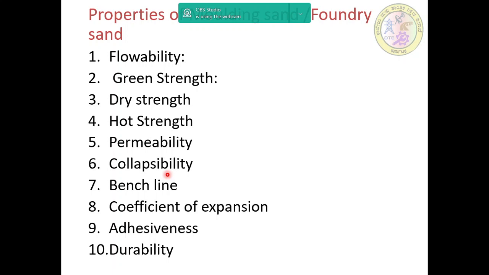If the mold or core sand does not collapse easily, it may obstruct, that is, restrict the contraction of the solidifying casting and result in cracks in the casting. Hence, collapsibility of the sand mold should be good.